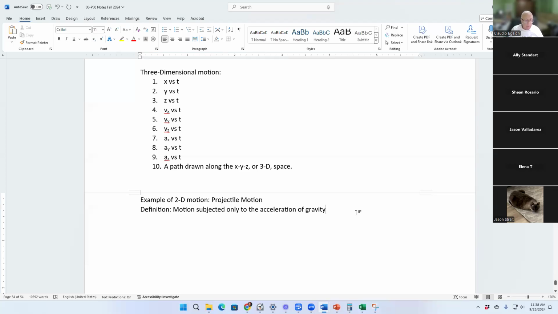And because there is no propulsion, the only acceleration of the particle will be the acceleration of gravity, okay? That's what projectile motion is all about.